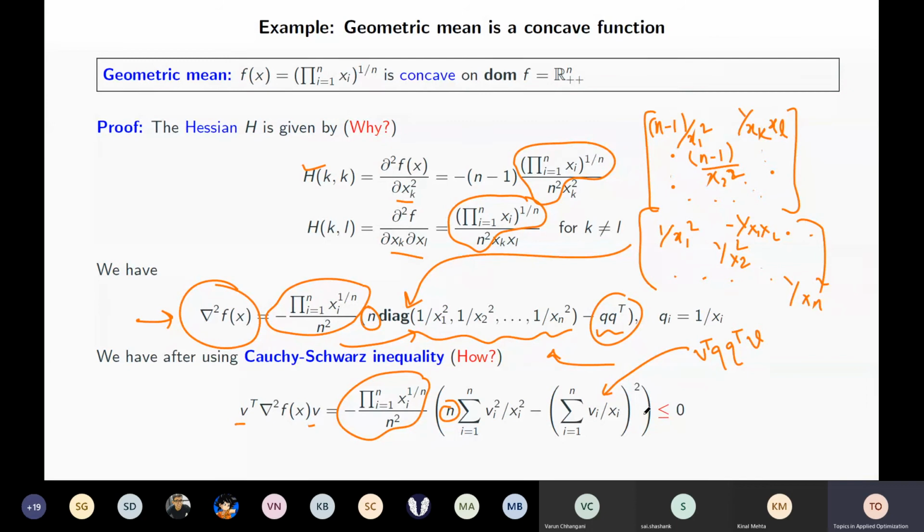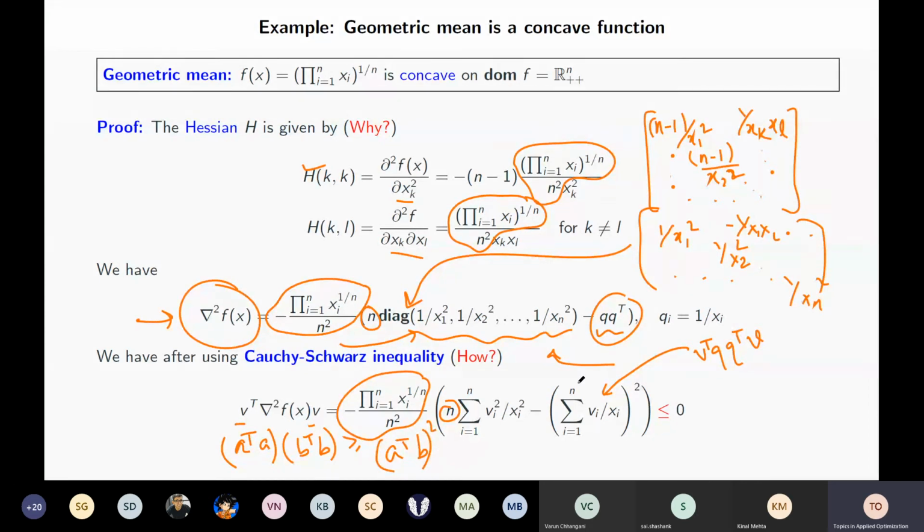Now the thing is how Cauchy-Schwarz is used here. So now you have to tell me what is A and what is B. Cauchy-Schwarz, if you recall, was A transpose A times B transpose B is greater than or equal to (A transpose B) whole squared.